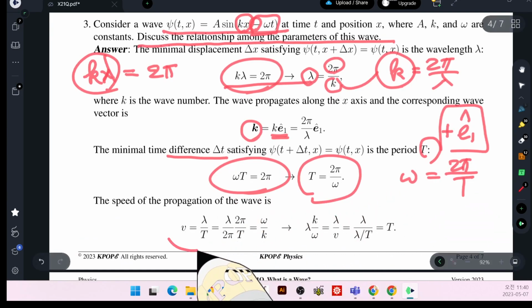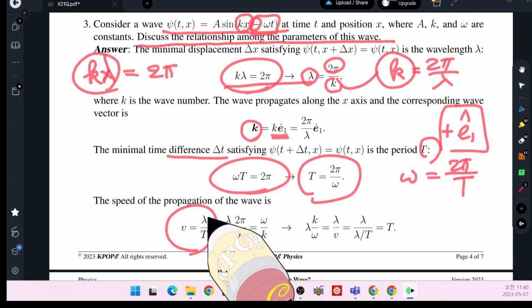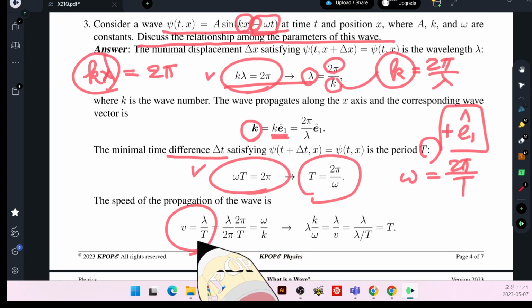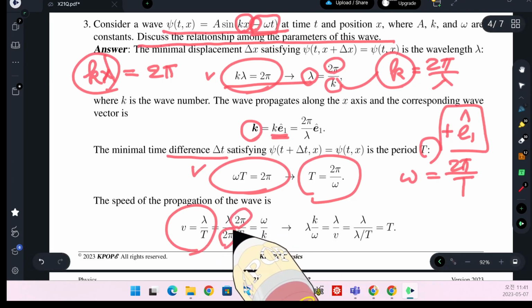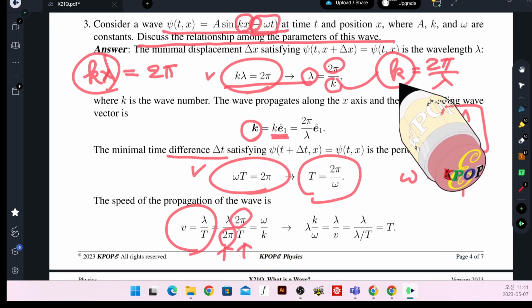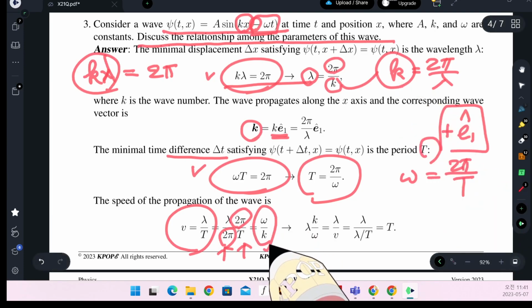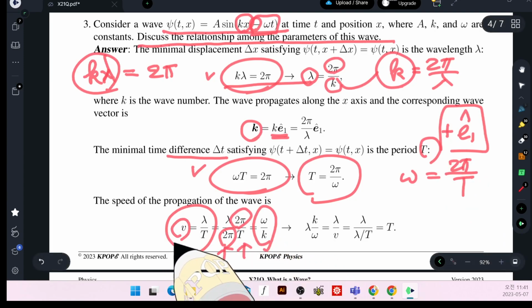We have found that the velocity of this wave is the ratio of the wavelength divided by the period. Using these notations, I can divide this one by 2 pi and multiply it by 2 pi, and these are represented by the wave number and angular frequency. So the ratio of the angular frequency and the wave number is the speed of propagation.